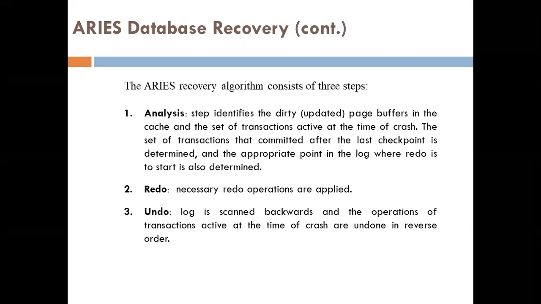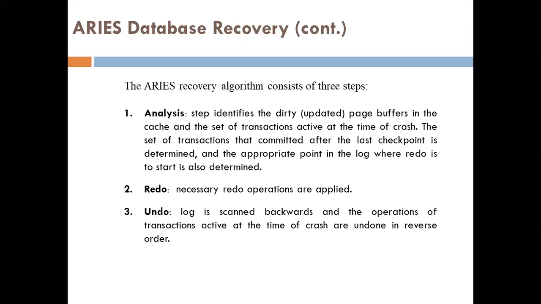This ARIES recovery algorithm contains three steps: analysis, redo, and undo. In the analysis phase, the ARIES protocol will identify the updated page buffers, also called dirty page buffers, in the cache memory, and the set of transactions that are active at the time of the crash.